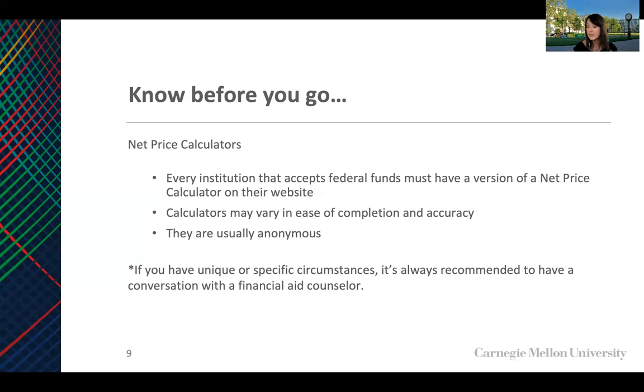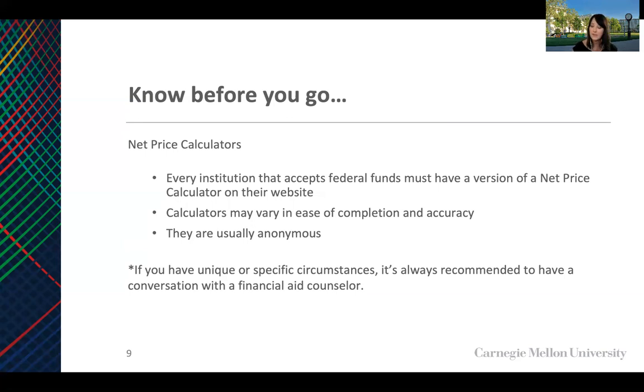So obviously with things that are happening in this day with COVID and concerns with income and possible unemployment, those are definitely unique circumstances. And we as financial aid advisors understand that those are happening.